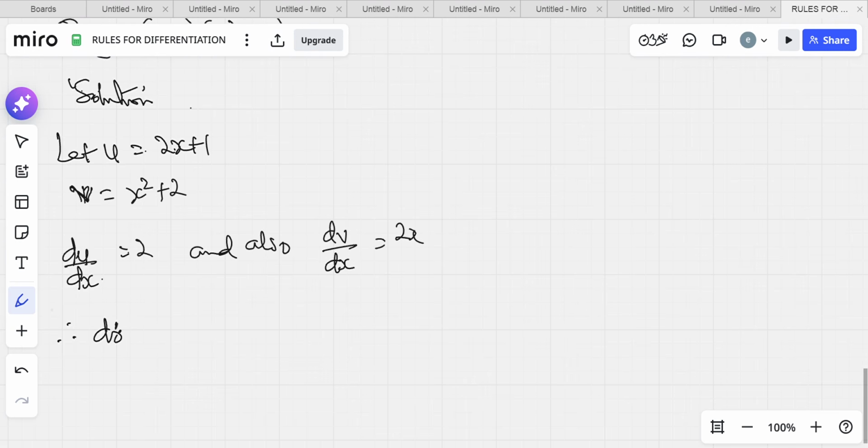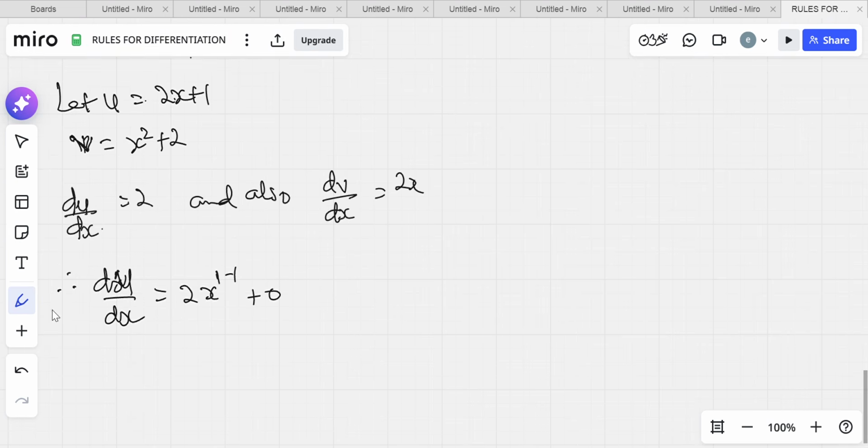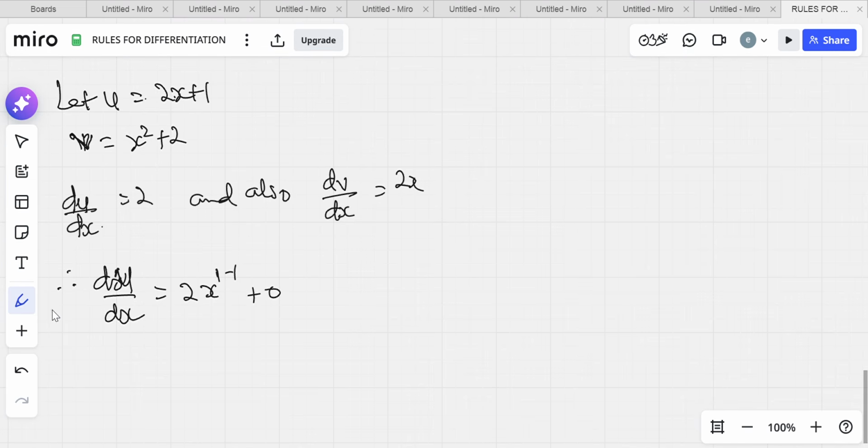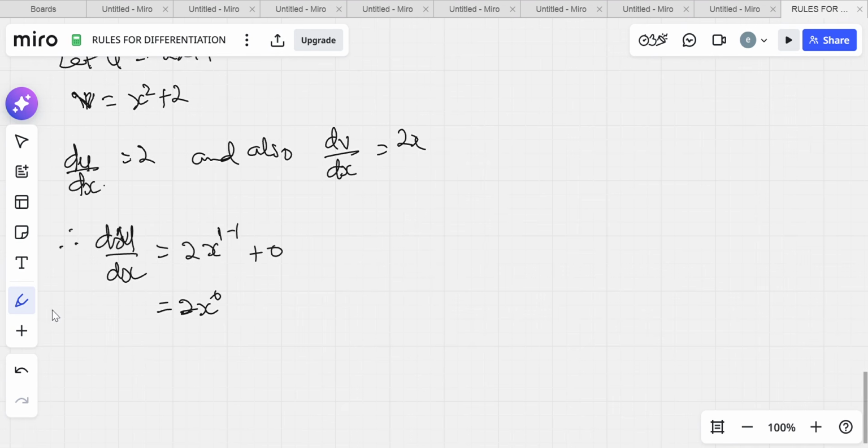So du over dx: let me differentiate u. I have 2, the power is 1, so 2x to the power 1 minus 1, plus 0, because the constant 1 differentiates to 0. That leaves me with 2x to the power 0, and anything raised to the power 0 is equal to 1. That is how we got 2.